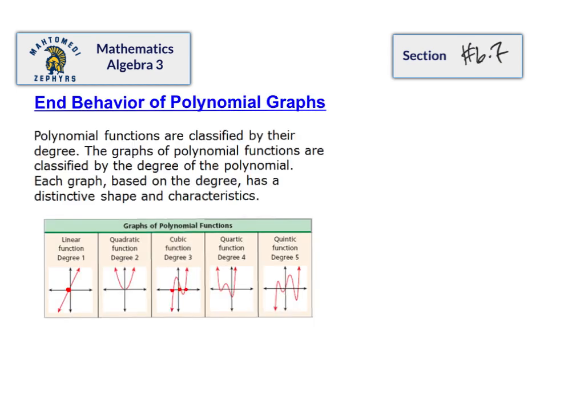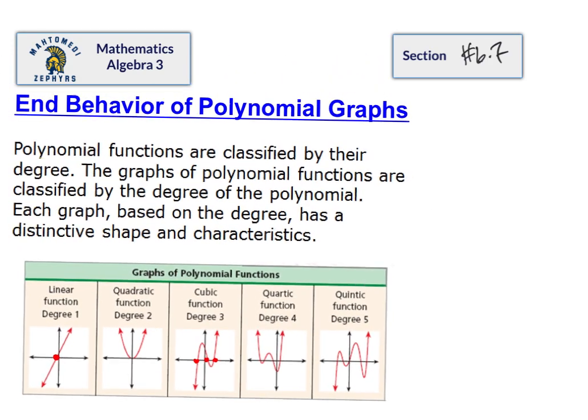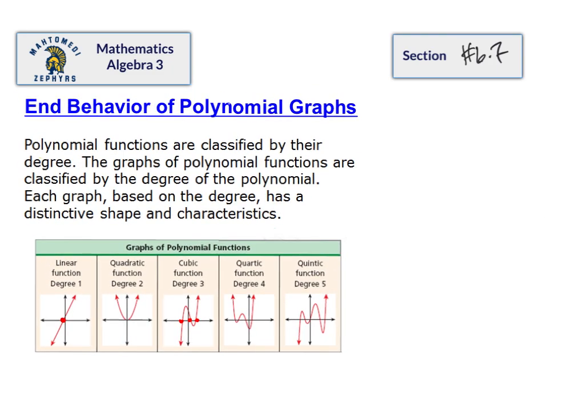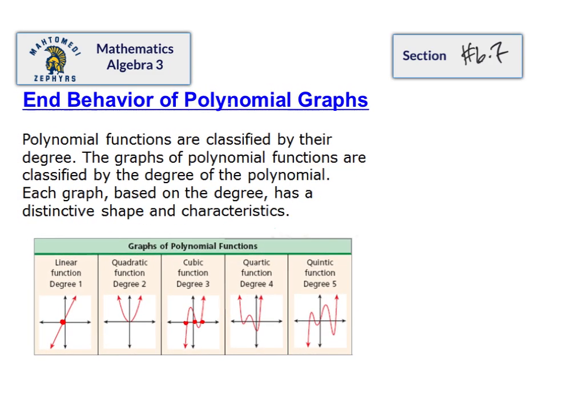Here we go. So the end behavior of our polynomials really is connected to the degree of the polynomial. Let's review a little bit. Starting out here on the left, a linear function that just has an x to the first has a degree of 1.